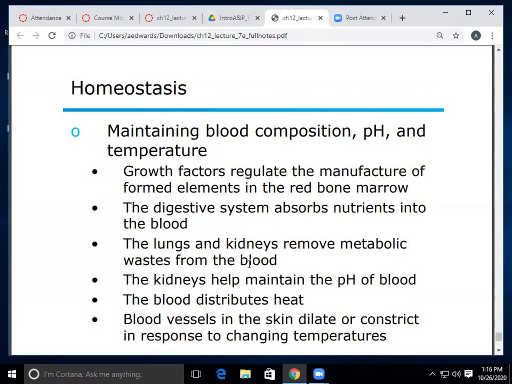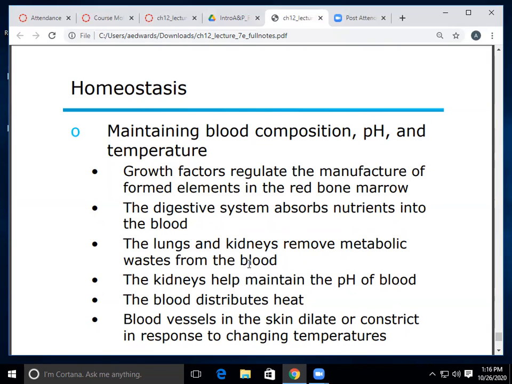Okay, homeostasis, right? Equilibrium, balance. They usually end every chapter with some mention of homeostasis. So your cardiovascular system is involved in maintaining the composition of your blood, the pH, and the temperature, right?